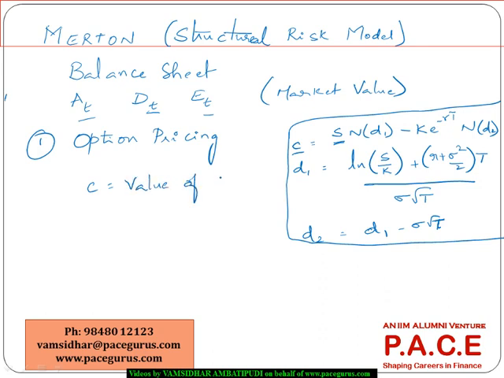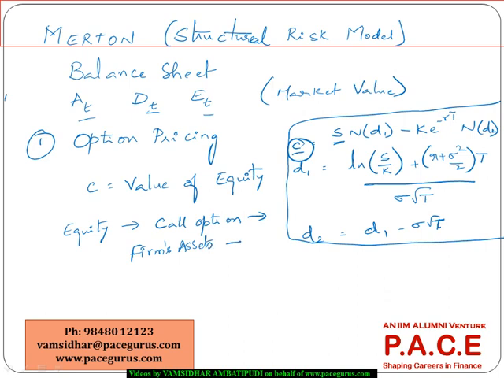So the value of the call option is nothing but the value of the equity. So the assumption is equity is considered as a call option on the firm's assets with a strike price equal to the value of debt.